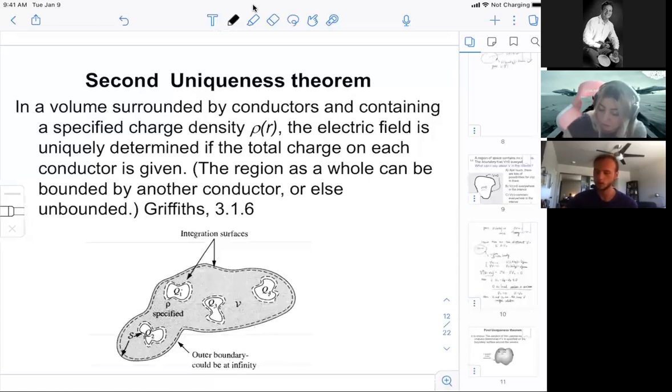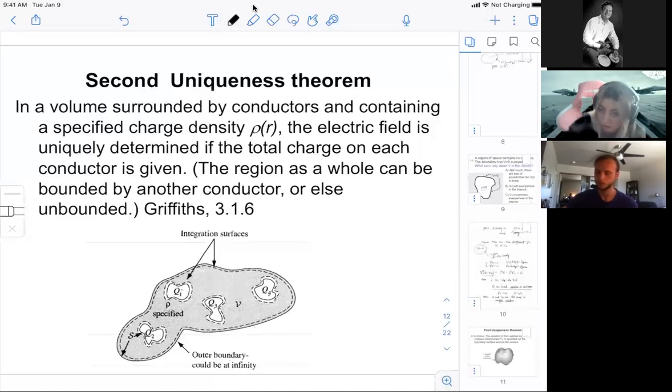Now, I know this sounds a little confusing, but all this is telling you is that you need to tell me more information. You have some conductors here, tell me the charges on the conductors, and then I'll be able to uniquely decide what your electric field is.